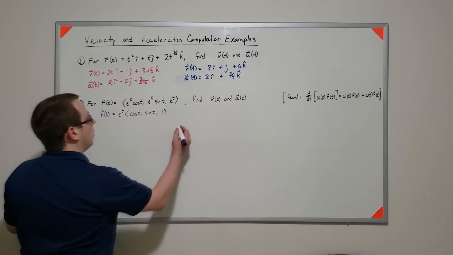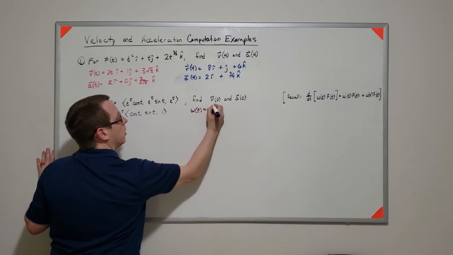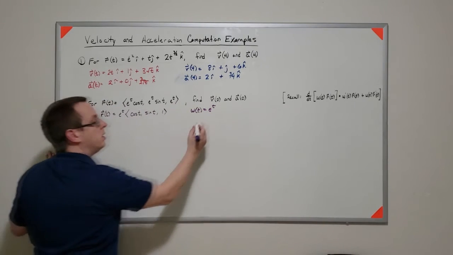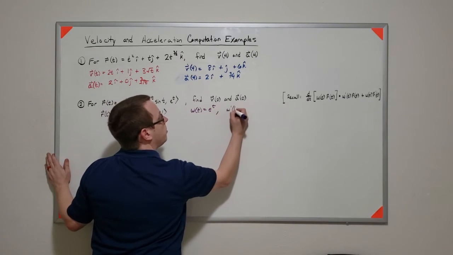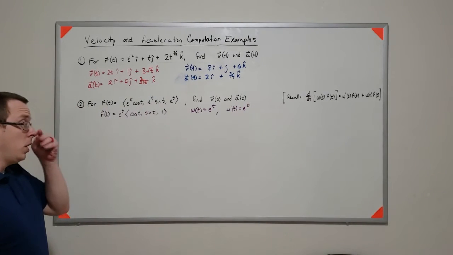So if w of t is equal to e to the t, well, w prime of t is also e to the t, so that kind of makes our lives easier.